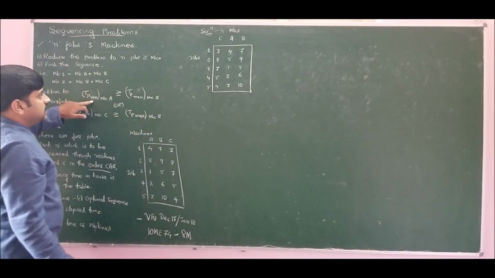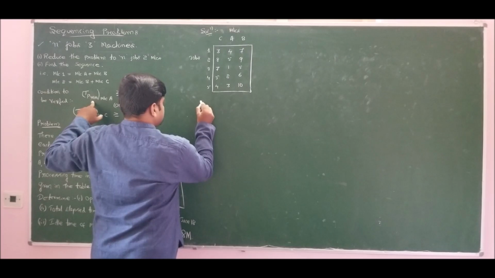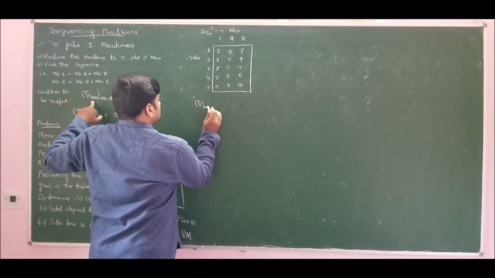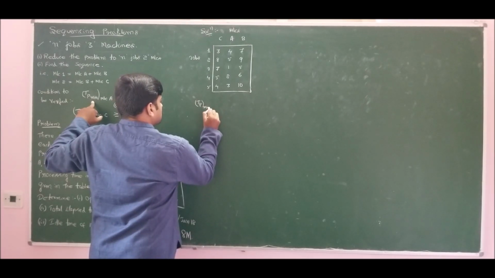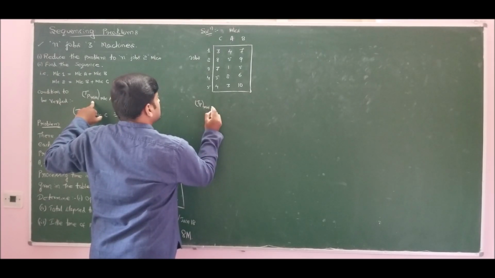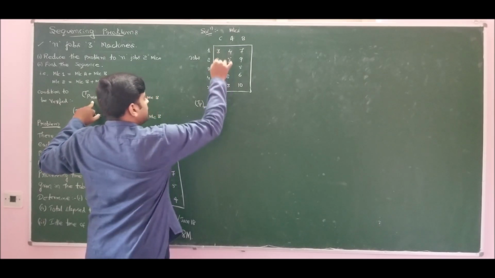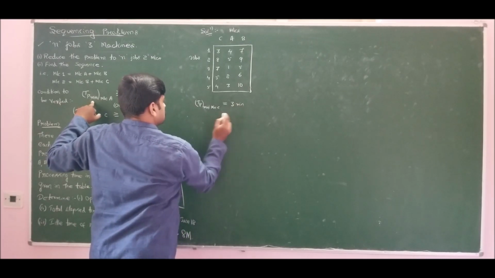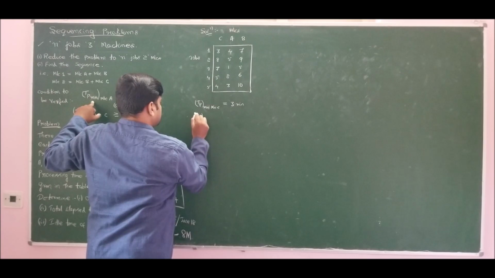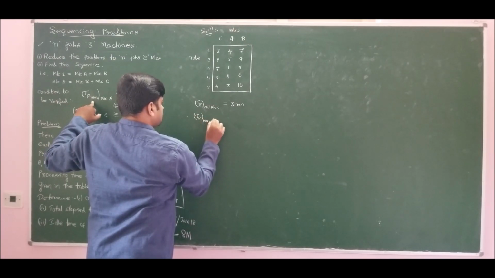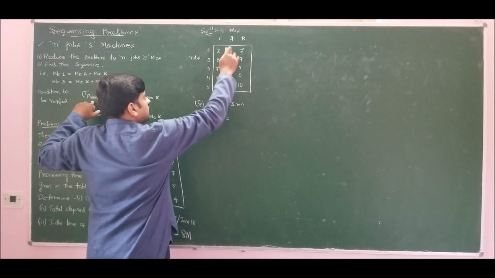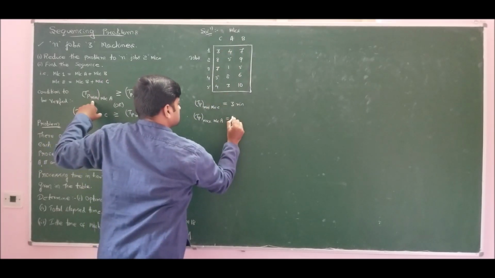If I take the first condition, the minimum processing time of the first machine, which for us is machine C, is 3. The maximum processing time of the intermediate machine, which for us is machine A, is 5.